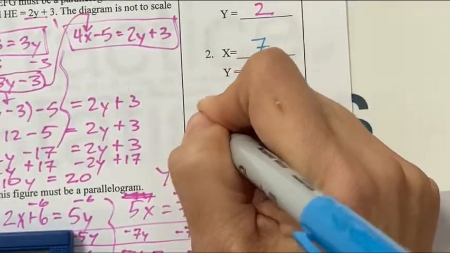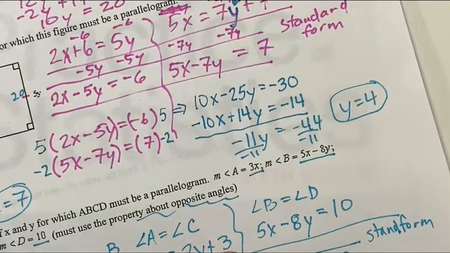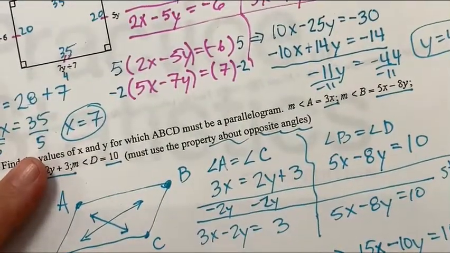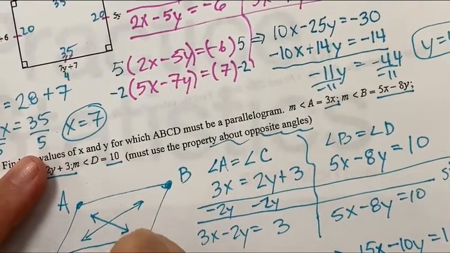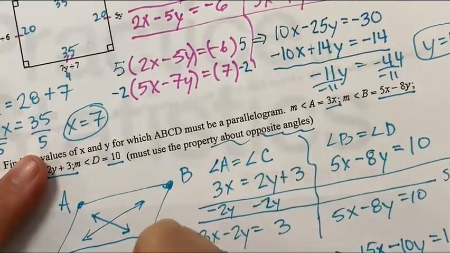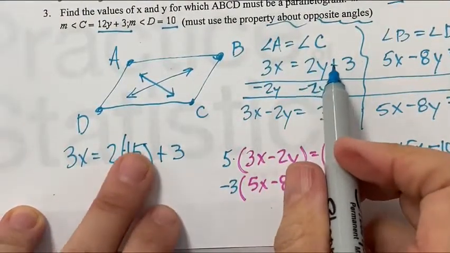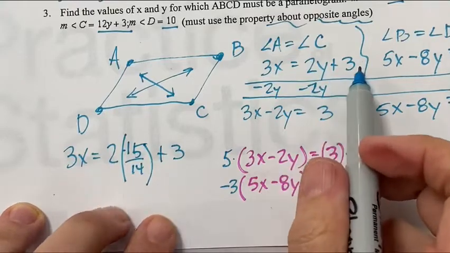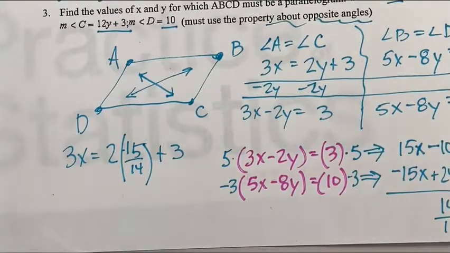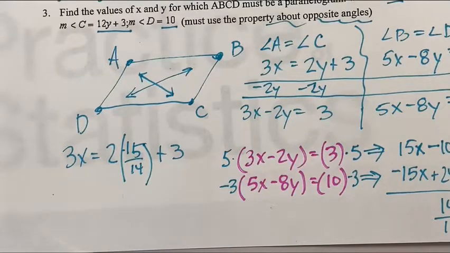So as a fraction or as a decimal? Okay, let's plug this in. We know 3x is equal to 2 times this fraction, negative 15/14, plus 3. So I have it in my calculator. I'm going to multiply by 2.